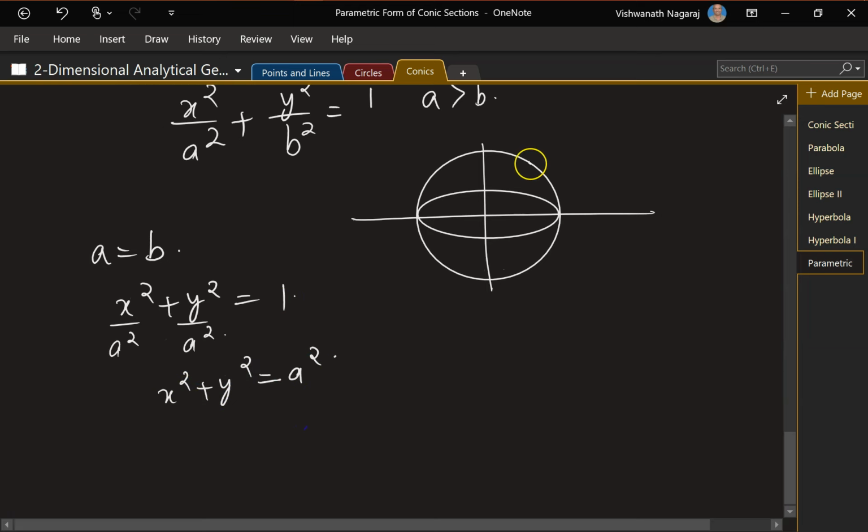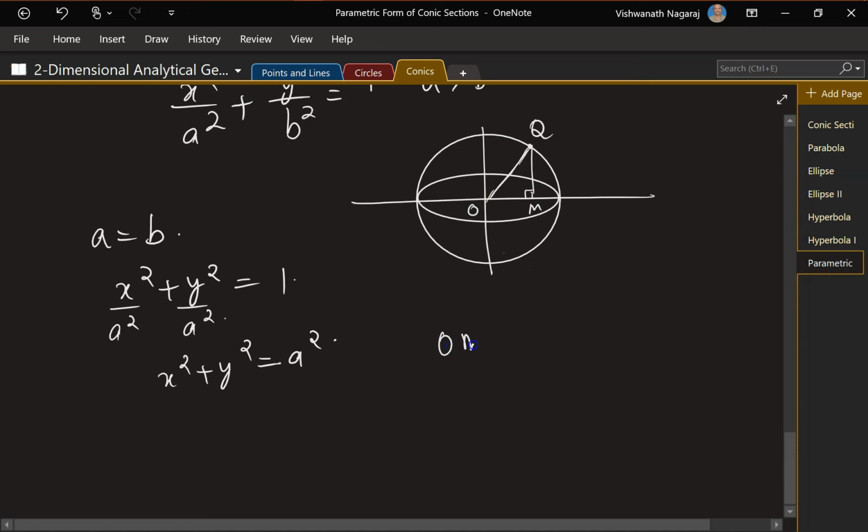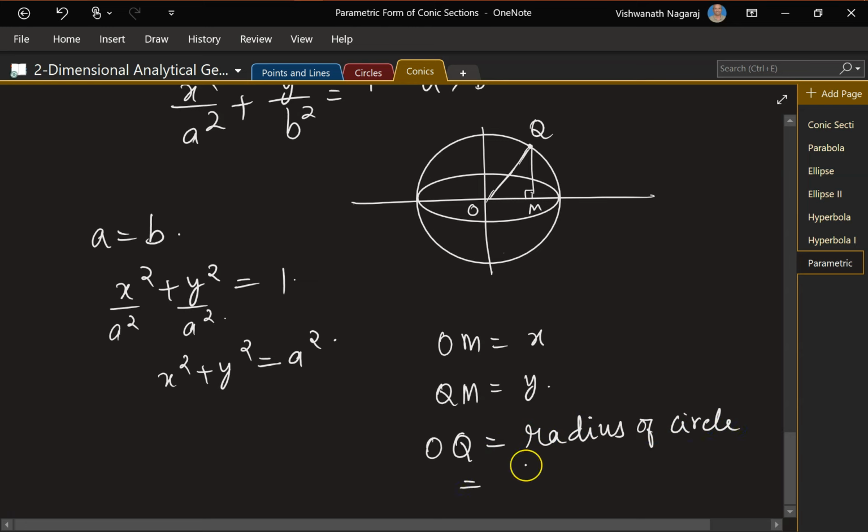Now let's take a point on this. Let's take a line to the origin and let's drop a perpendicular. Let's say this is Q, this is M, and this is O. So here OM would be equal to x, QM is equal to y, and OQ is equal to the radius of the circle, which is equal to half of the major axis, which would be equal to a.